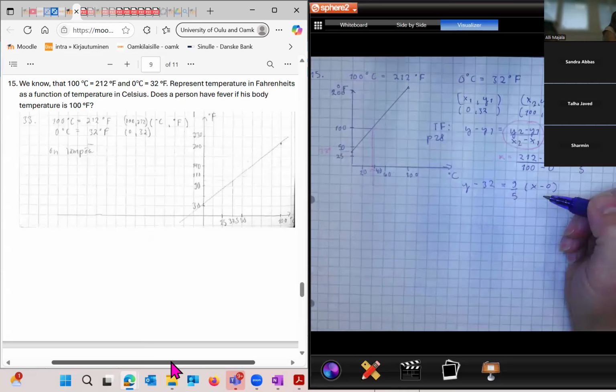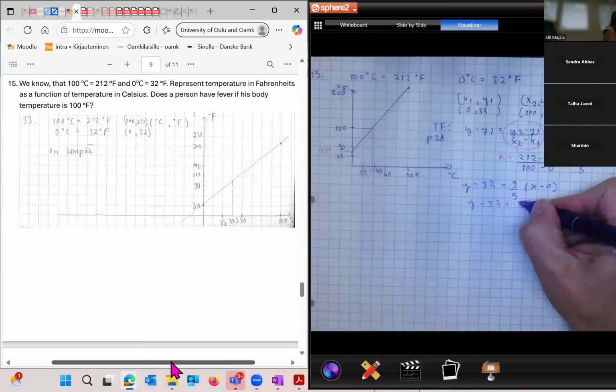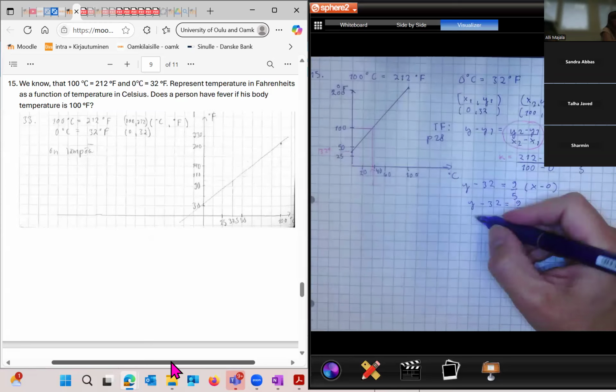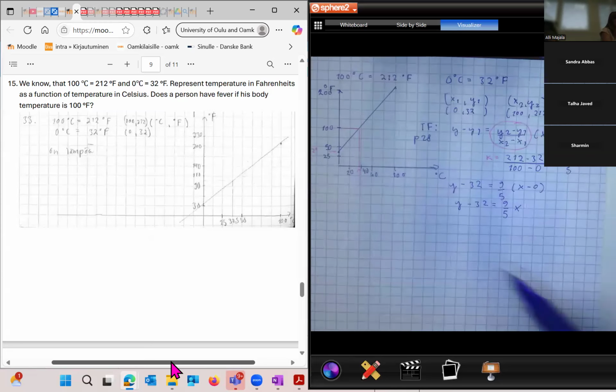So there's y minus 32 is 9/5 times x, and then I want it with the y, or I wanted it in the function form. You know, the solved form for the line.